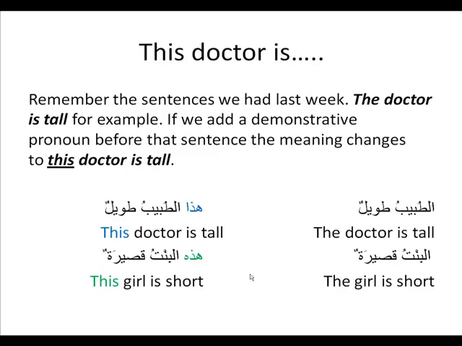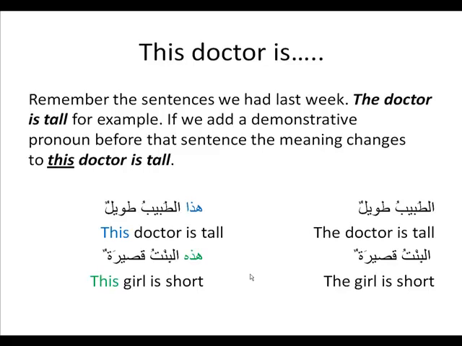Now, we said, for example, الطبيب طويل, the doctor is tall. We also used names, saying Mona جميلة, for example. Mona is beautiful. And we have another example here to the right. البنت قصيرة. The girl is short.